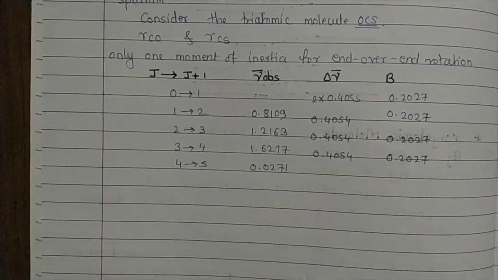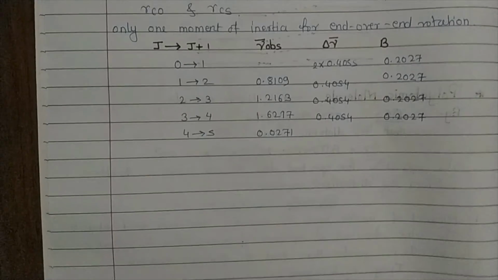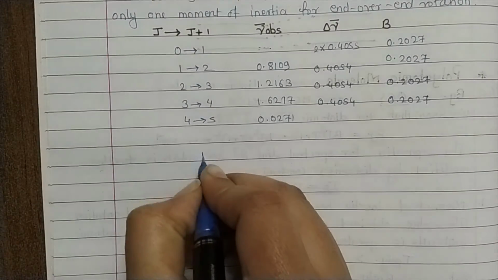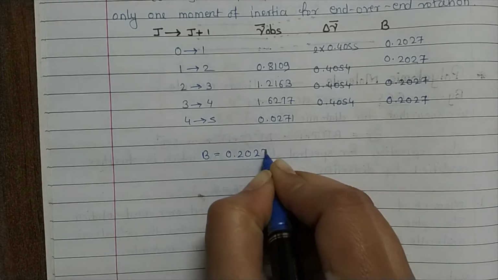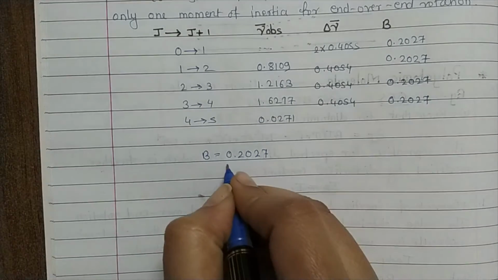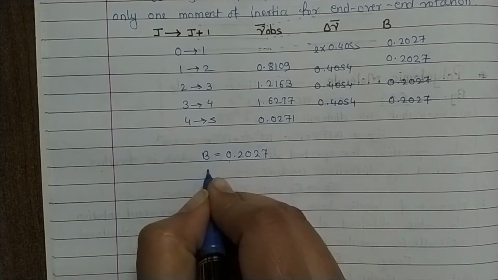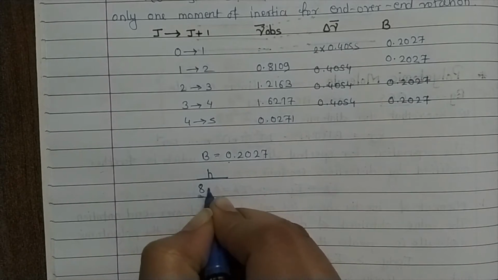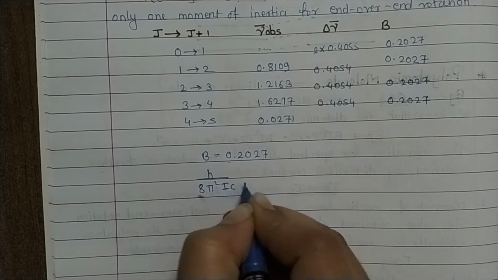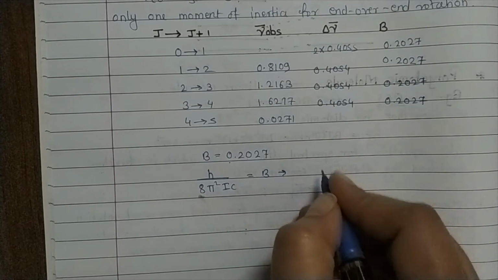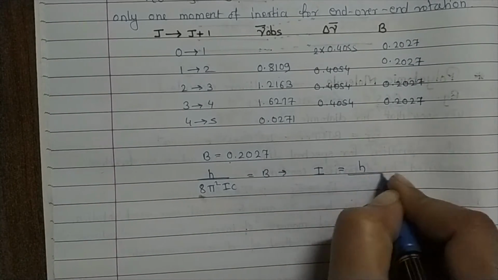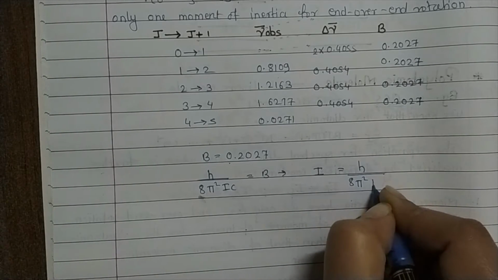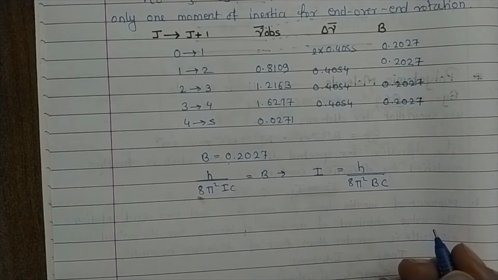Observing this table, we come to know that the value of B is constant and it is 0.2027. So we know that B is equal to h upon 8 pi square Ic. So now I is equal to h upon 8 pi square B c.